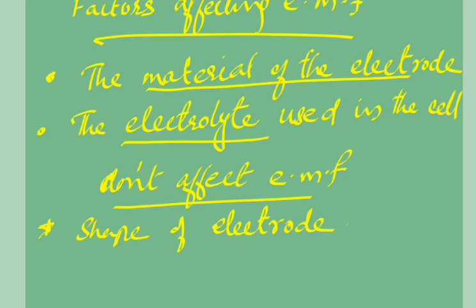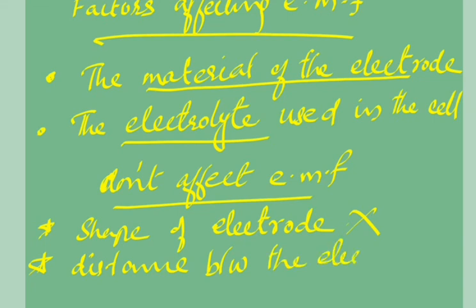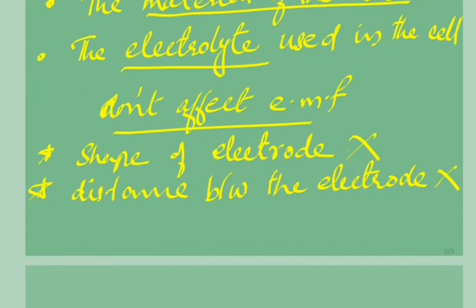Then the second one is the distance between the electrodes. Electrodes can be kept at any possible distance. It also won't affect the EMF of the cell.